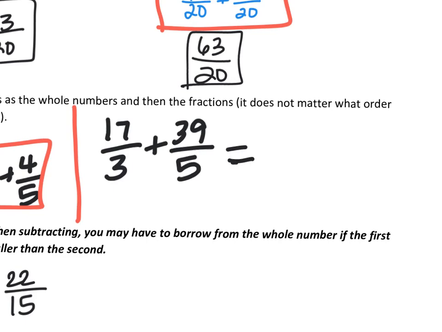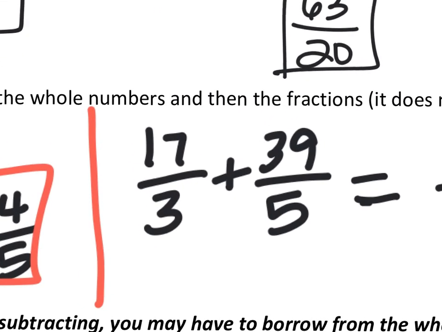Okay, so 3 times 5 is 15. 7 times 5, let's break that down. So 5 times 10 would be 50. And you can do this in parts. That's all you're really doing when you multiply. 5 times 10 is 50. And 5 times 7 is 35.